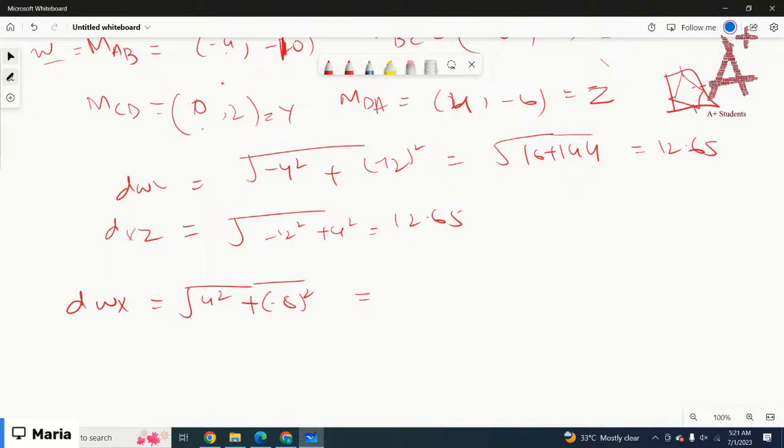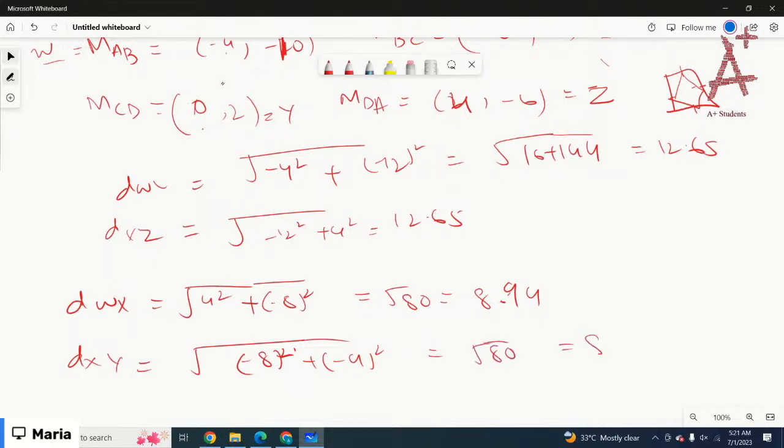It would be square root 80, and that is 8.94. Then the distance XY equals negative 8 minus negative 8 squared plus negative 4 squared. So it would be square root 80 and that equals 8.94. Okay, you can see these two side lengths are exactly equal and the other two side lengths are equal. That means if you join the midpoints of the square, they will form another square. Got it?